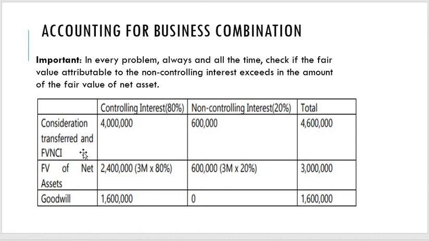So it is important that in every problem, always check if the fair value attributable to non-controlling interest, which in this case we have 600,000, exceeds the amount of the fair value of the net assets. Okay?